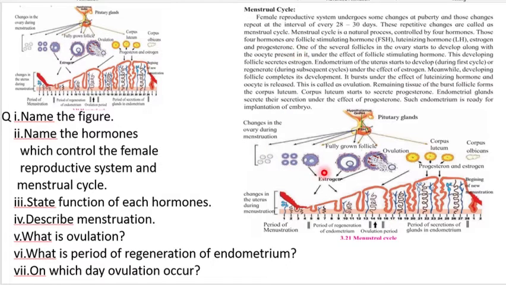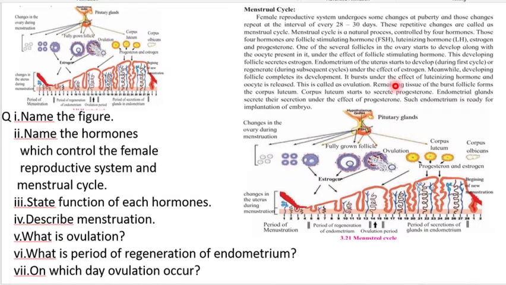Now, one of the several follicles in the ovary starts to develop along with the oocyte present in it under the effect of the follicle stimulating hormone. This developing follicle secretes estrogen and the endometrium of the uterus starts to develop or regenerate under the effect of estrogen.